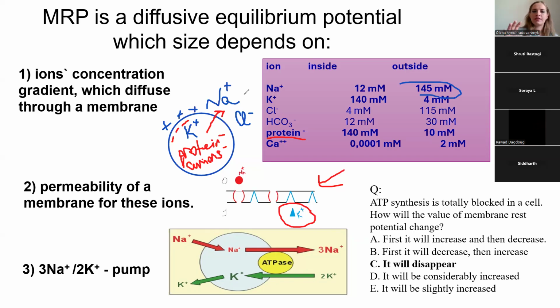What will happen if more potassium moves? What will happen with MRP? Let's think together and answer this question. My first question: what will happen if potassium channels are more open?